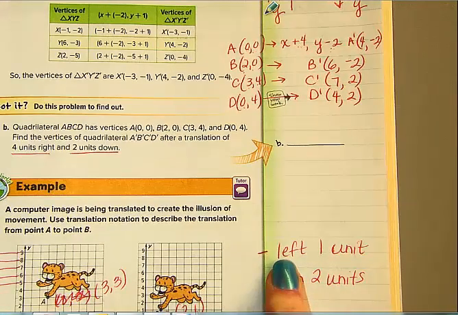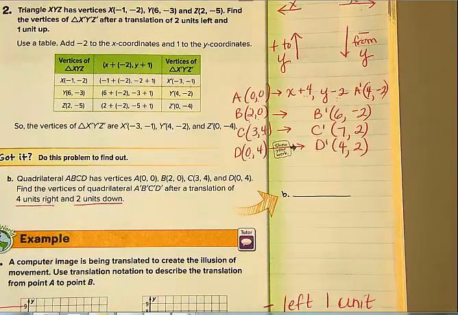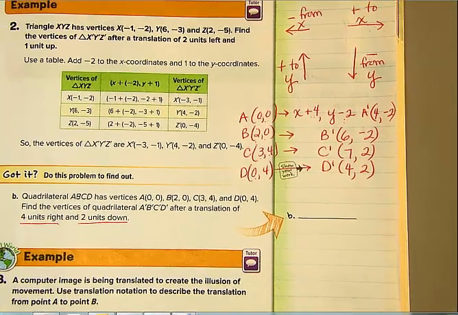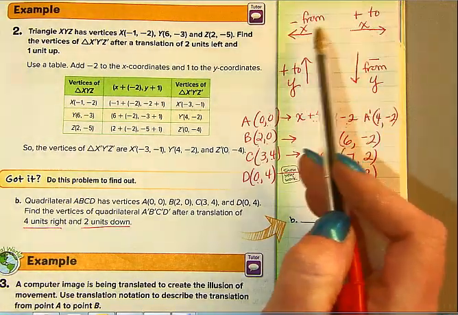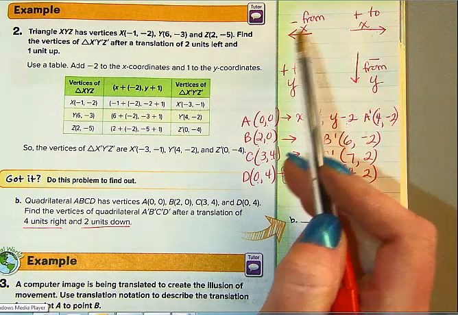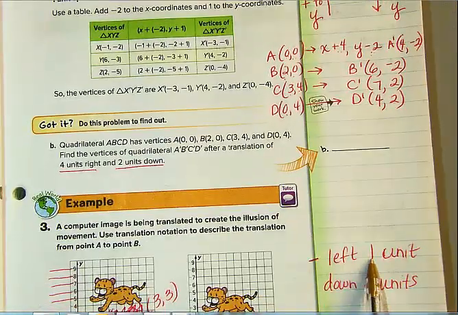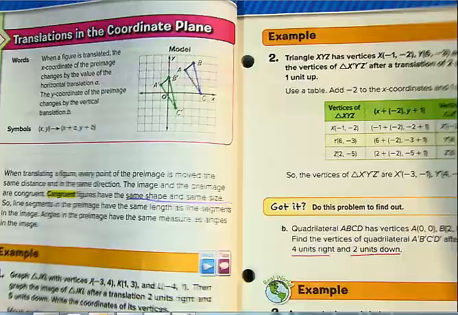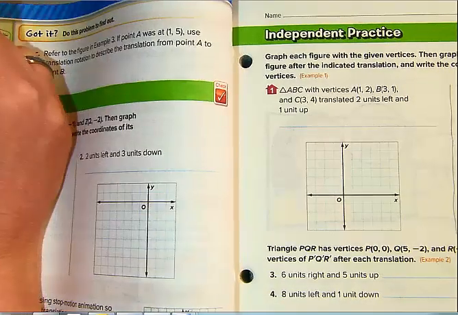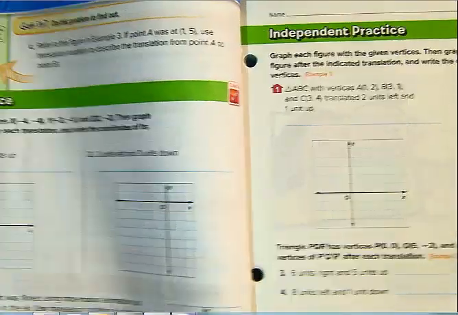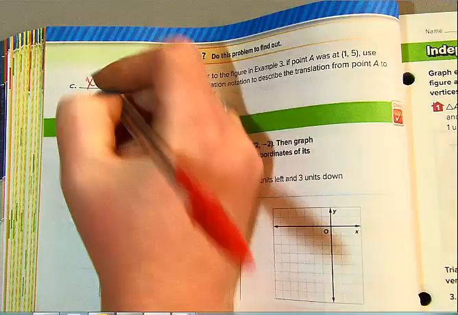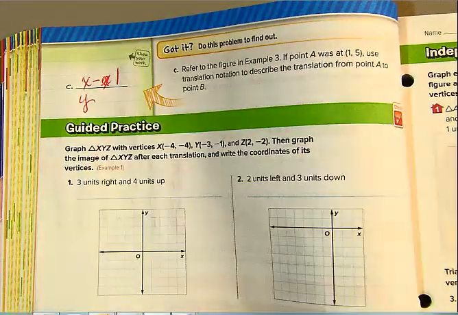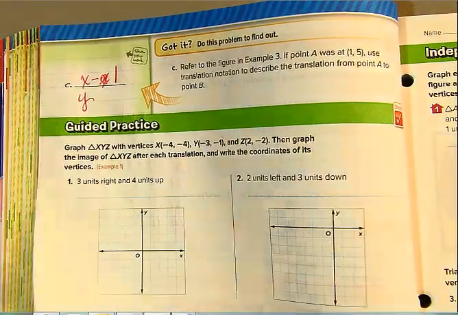Well, because I went left 1 unit, if I look up here to go left, do you add or subtract to x? Well, you subtract. And I went left 1 unit, so I subtract 1 from my x. And what do I do to my y?